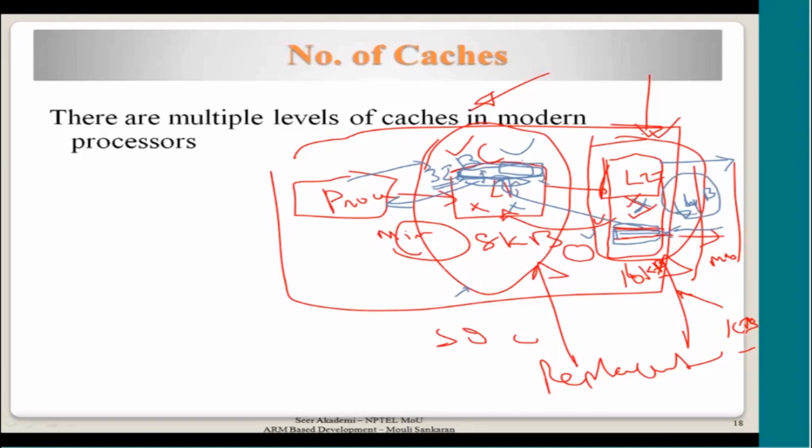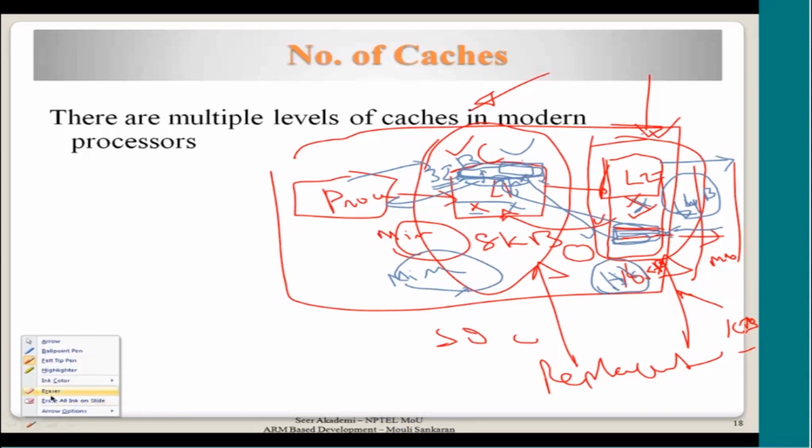So when it encounters a miss here, it is likely to find a hit here. So now it will bring the next set of 32 bytes here, and then maybe it can replace the previous one so that it doesn't have to touch other blocks. So now we are gaining a hit because of having an L2 cache. So this is the scenario of how L2 cache might save us from going to the main memory more often.